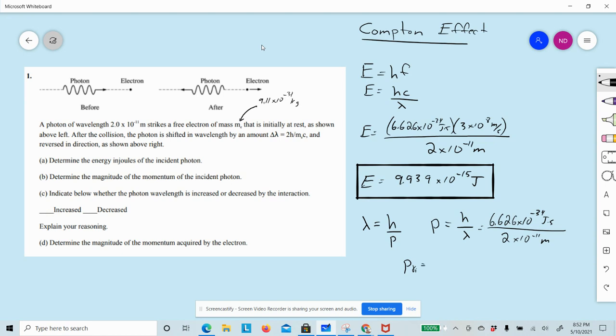equals, grab the calculator for a moment, 6.626 E negative 34 divided by 2 E negative 11, and you get 3.313 times 10 to the minus 23rd kilogram meters per second.